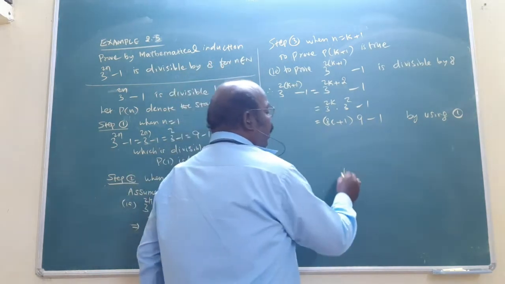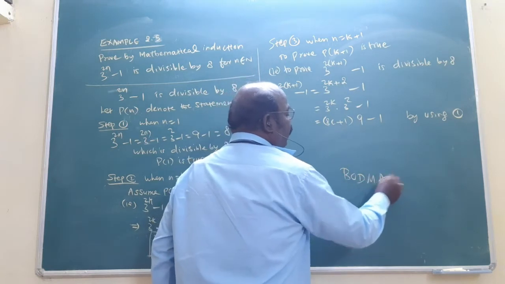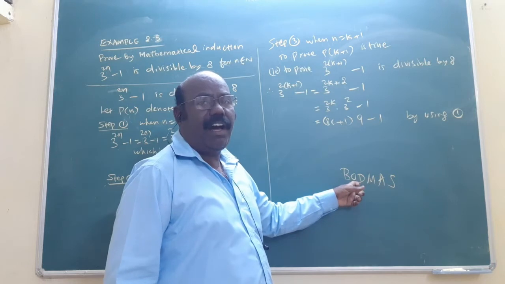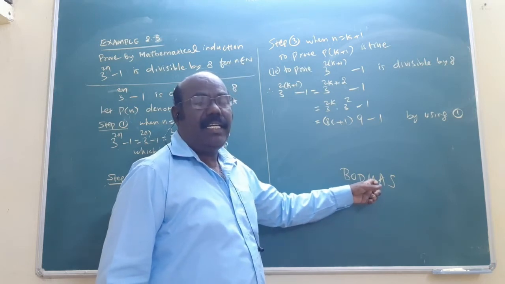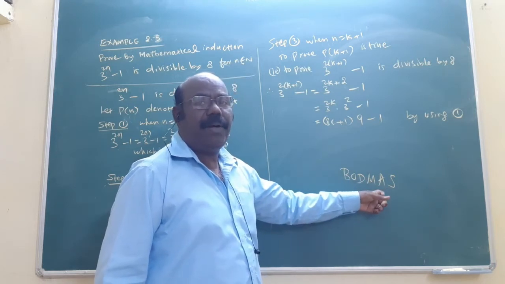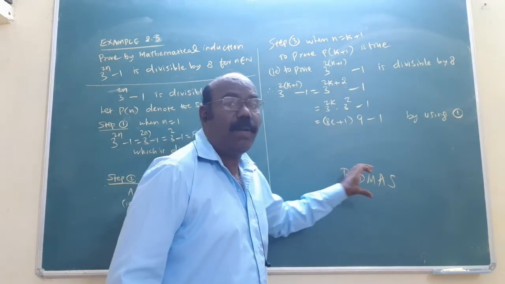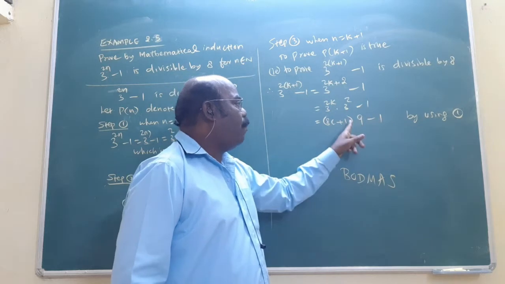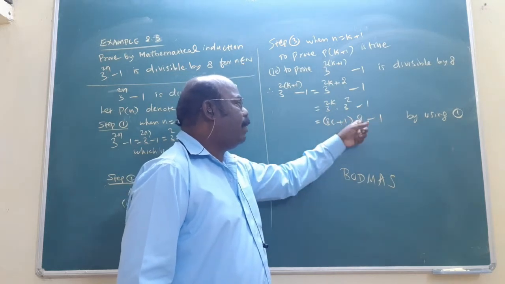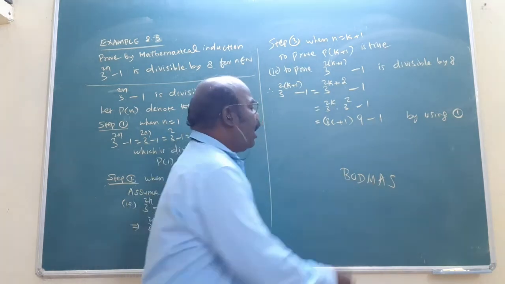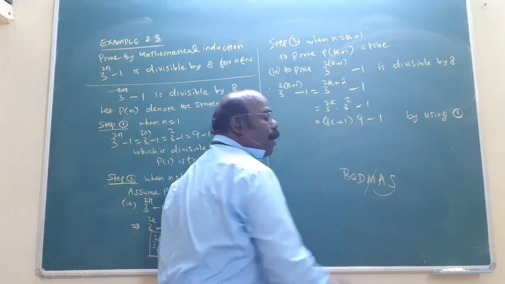What is the reason? Do you know BODMAS? Fundamental idea: B for bracket, O for of, D for division, M for multiplication, A for addition, S for subtraction. In this way, you want to remove one by one. In this calculation, multiplication is there and subtraction is there. First, you want to do the multiplication, then only subtraction is possible.